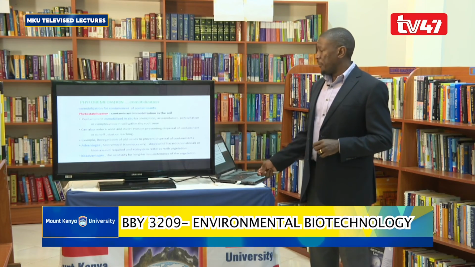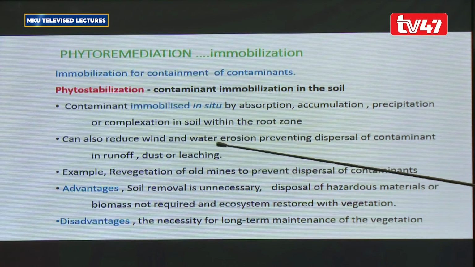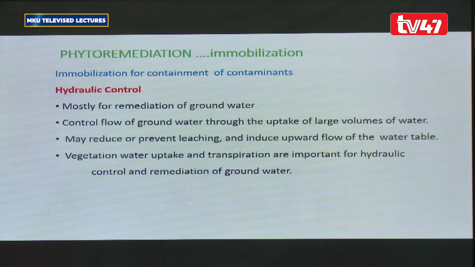Another thing is that the plants reduce wind and water erosion, which blocks the movement of the contaminant through dust, through runoffs, and through leaching. An example is when we finish up with mines, we normally plant vegetation around the mine area so that the contaminants cannot move. There are various advantages and disadvantages to this process, as you have seen.